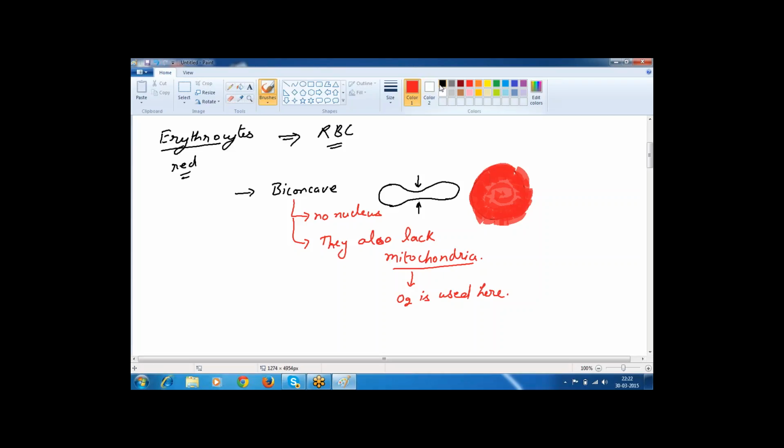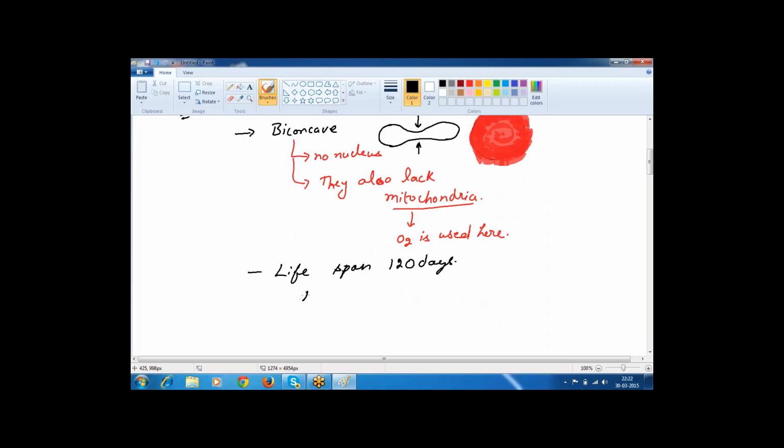Then another important feature is their lifespan. Lifespan is 120 days. They are formed, all blood cells including RBCs, they are formed in bone marrow, and the older worn out RBCs are destroyed in spleen.